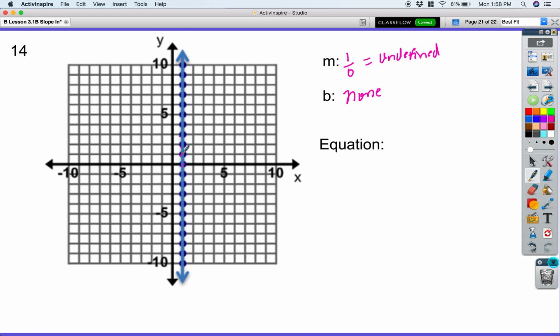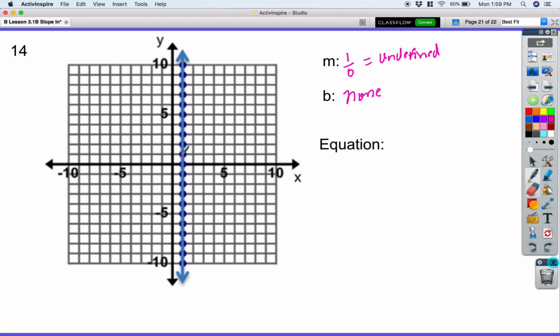Now the equation of this line is, if we looked at these points, I can't think right now. My apologies. Let's try this again. When I look at these points, this point right here is 1, 0.